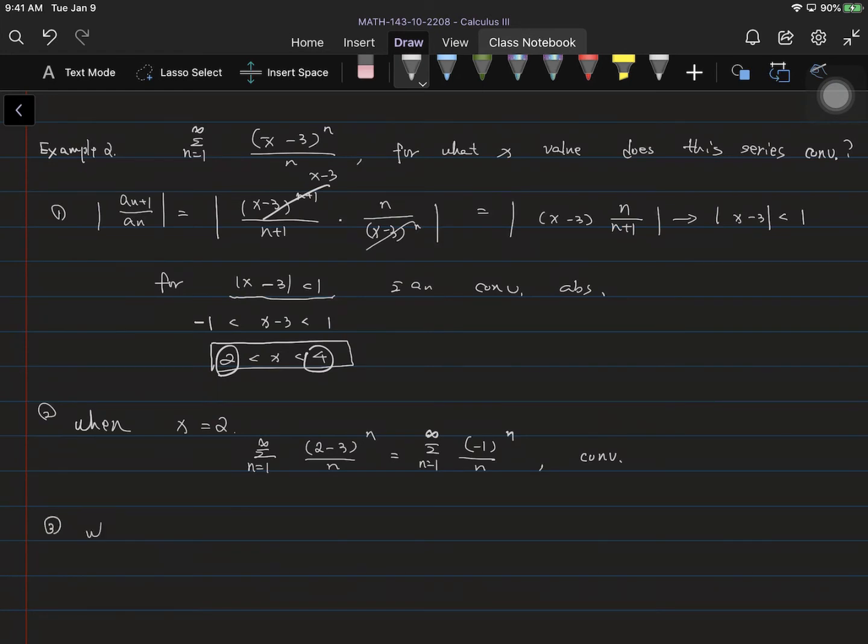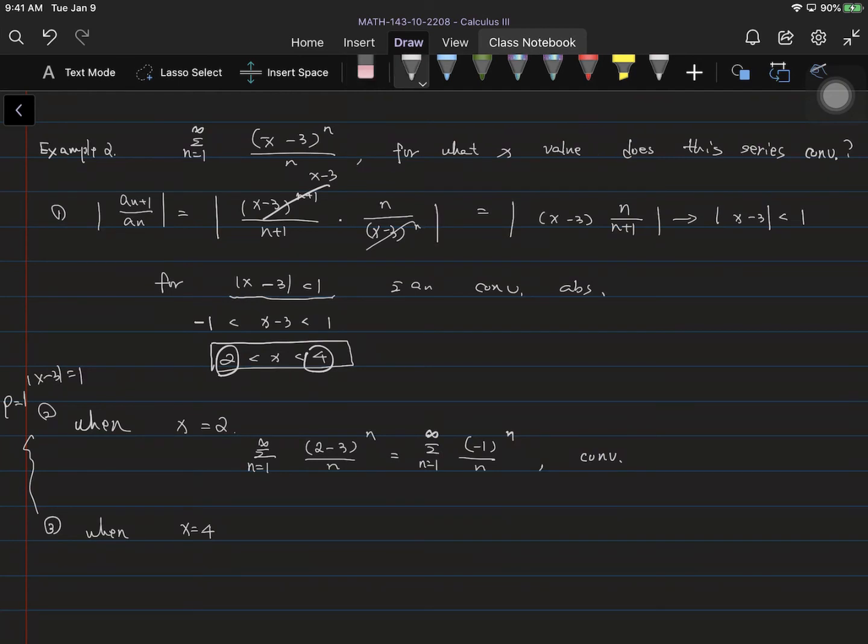Third, at the other endpoint, x equals 4. So that also means when the rho equals 1, when the absolute value of x minus 3 equals 1. Because it equals 1, it is inconclusive, so we have to test them separately.